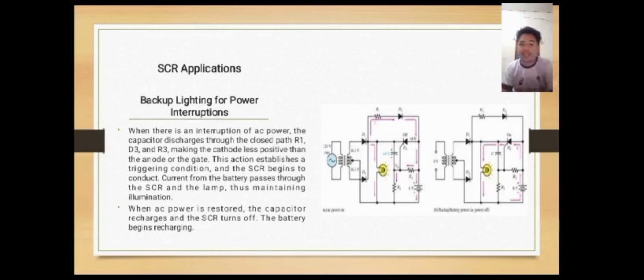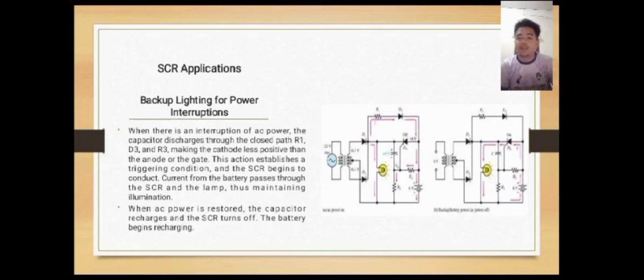When the AC power is restored, the capacitor recharges and the SCR turns off. The battery begins recharging. So when AC power is available in the circuit, the capacitor and the battery will recharge, and the SCR turns off.